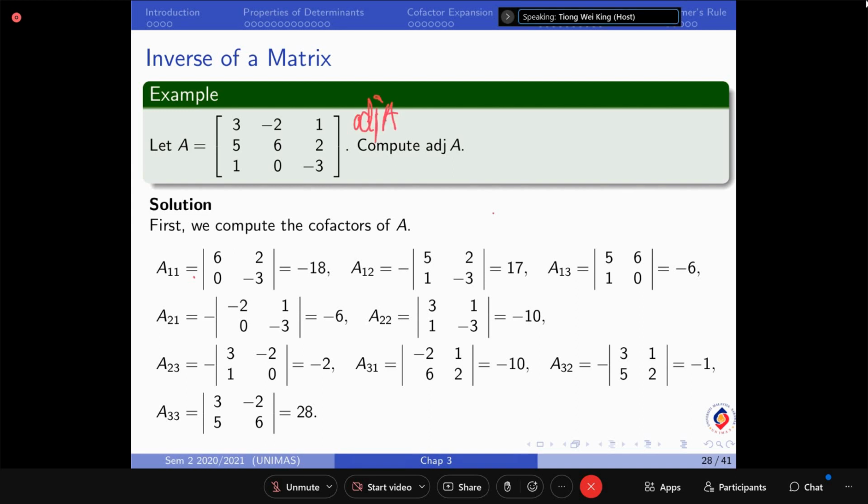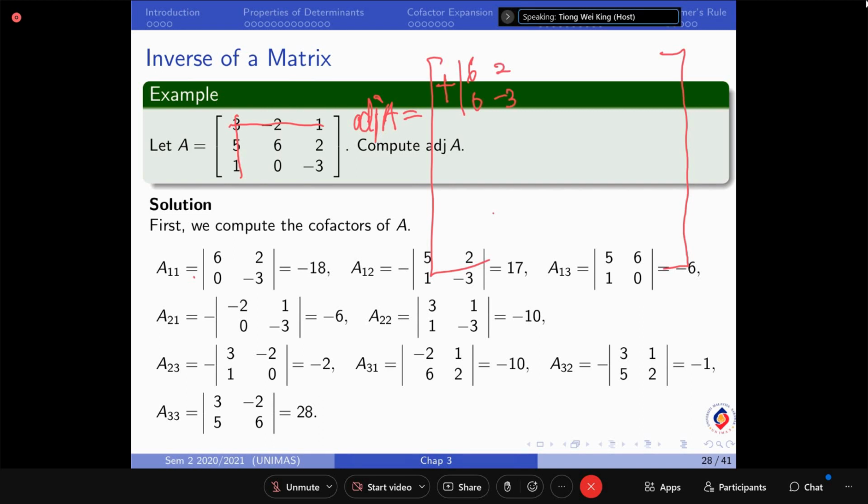They write adjoint A is equal to a big matrix. What they do is they straight away do the calculation here. So plus A11, meaning they straight away delete row 1, column 1: 6, 0, 2, -3.